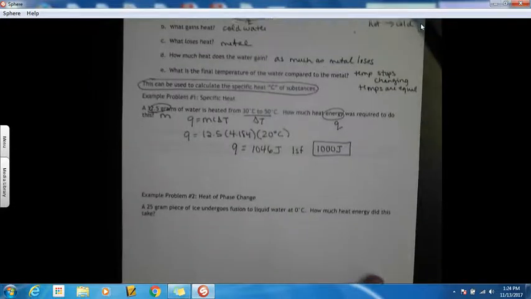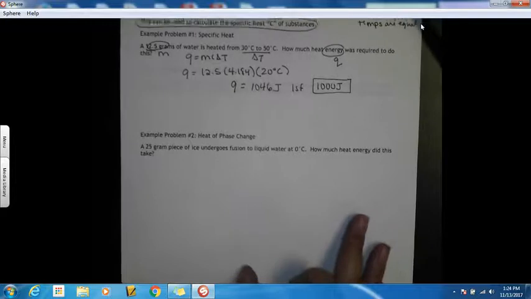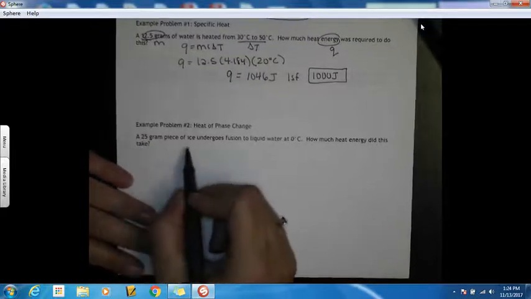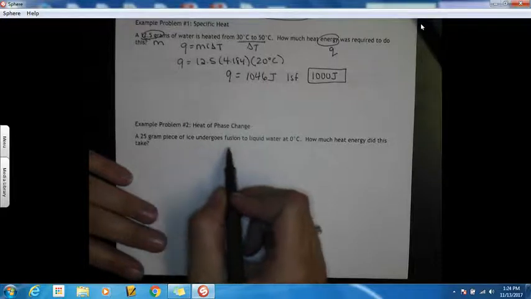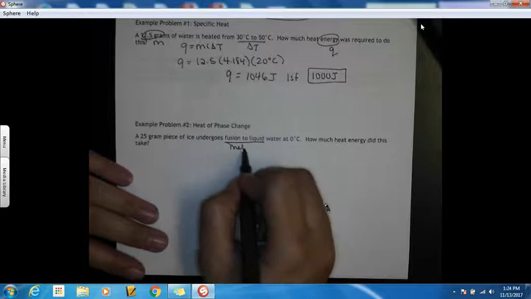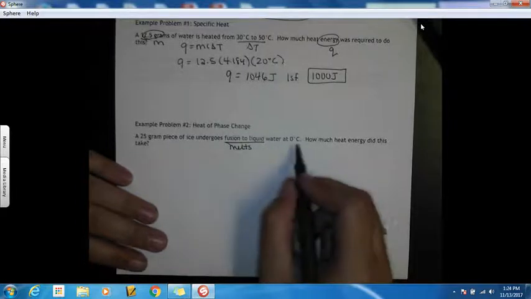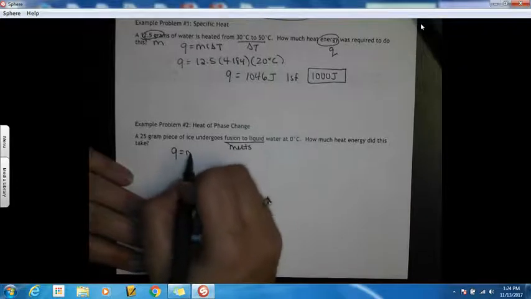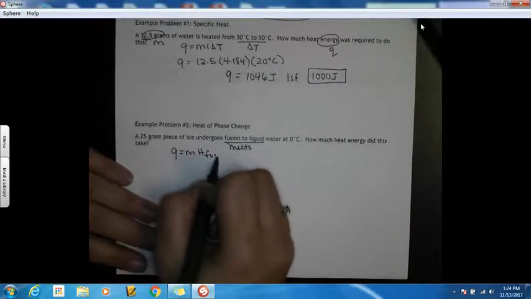Okay. We've also talked about how to calculate heat of a phase change. We take a 25-gram piece of ice, and this undergoes fusion to liquid water, which just means that it melts to water. How much heat energy would this take? If you recall, we learned that Q equals m H fusion.